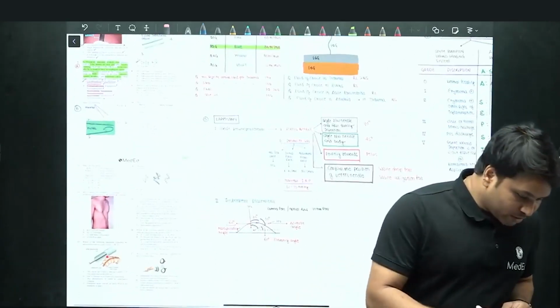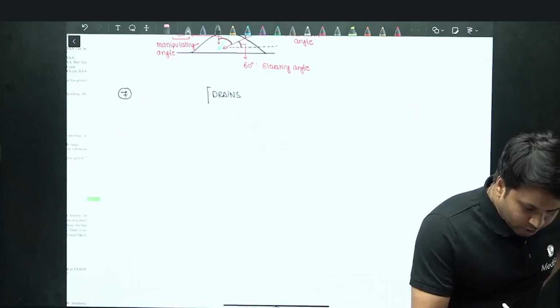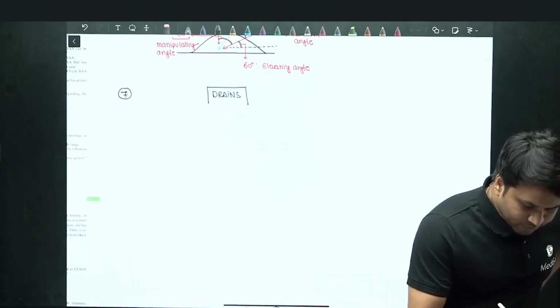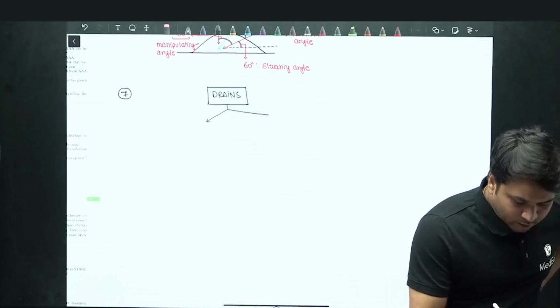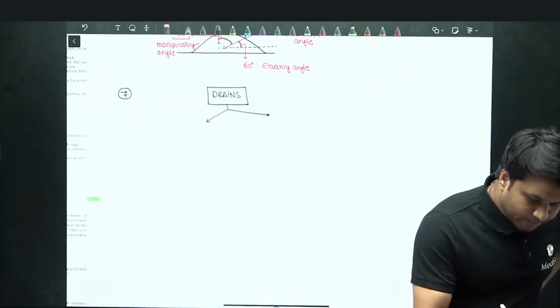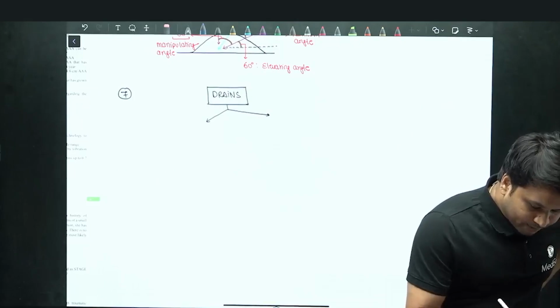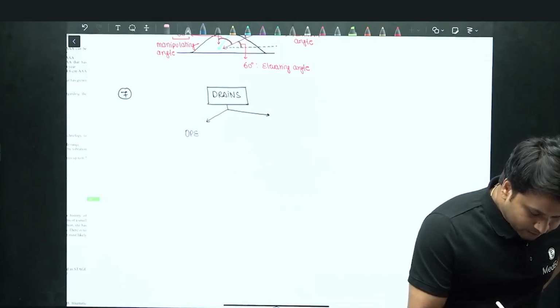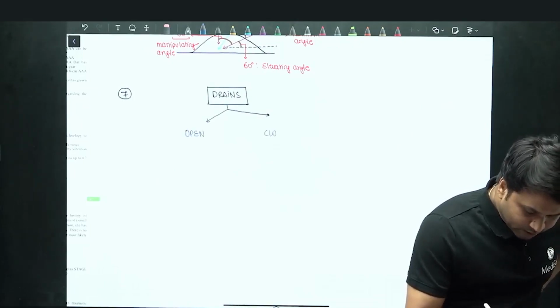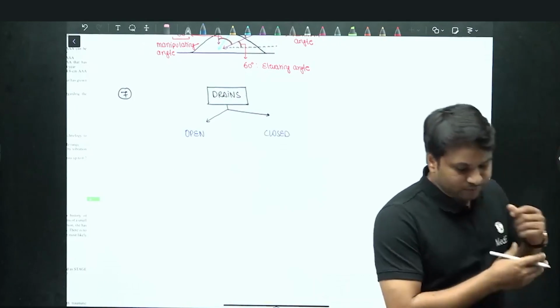So quickly talking about question number 7, that is drains. When we talk about drains, we divide the drains into 2 categories. We have the open drains, and then you have the closed drains.